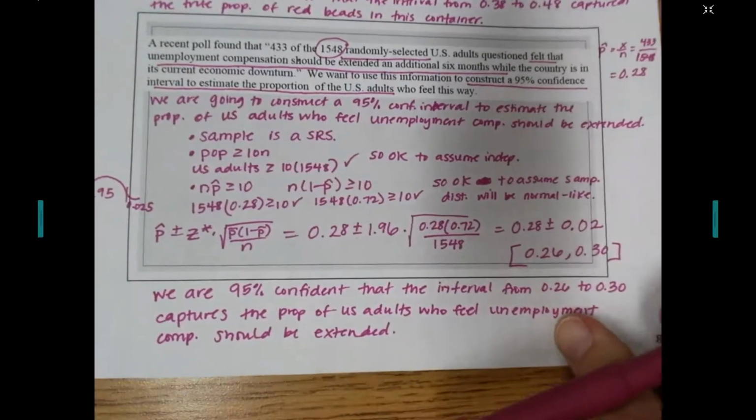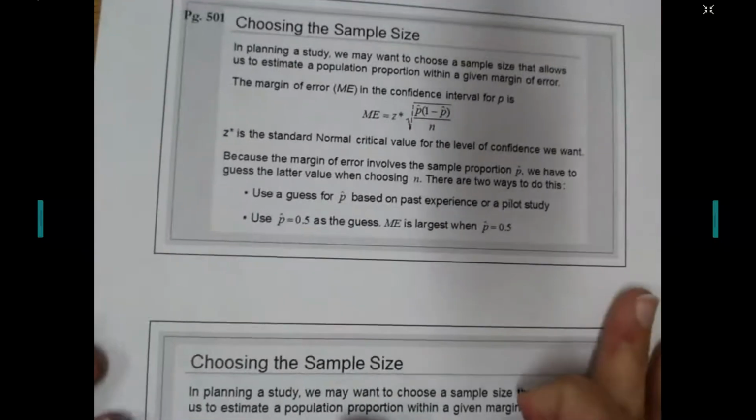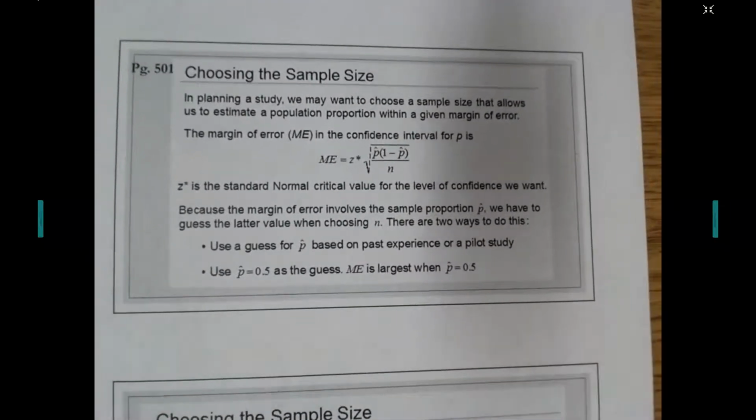All right, one last thing here, and let's talk about choosing a sample size. So a lot of times when statisticians are starting studies, they decide how much margin of error they want, and what level of confidence, and then they go back and calculate what sample size they need, okay?